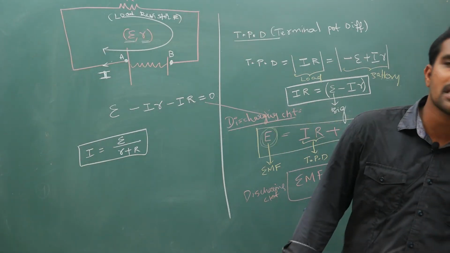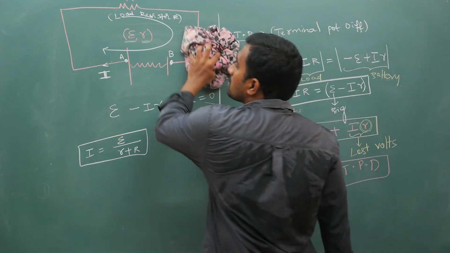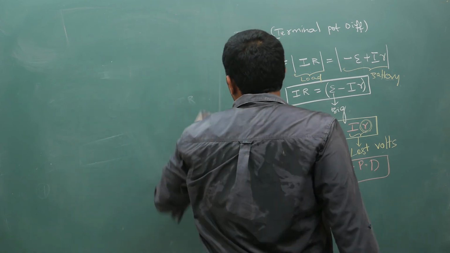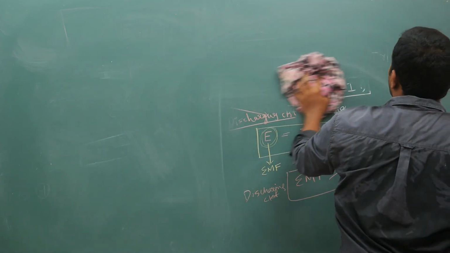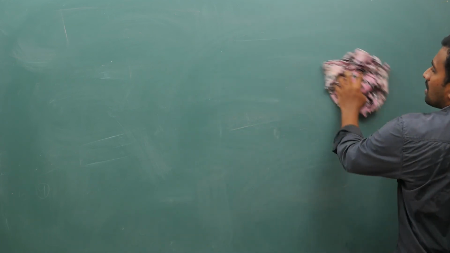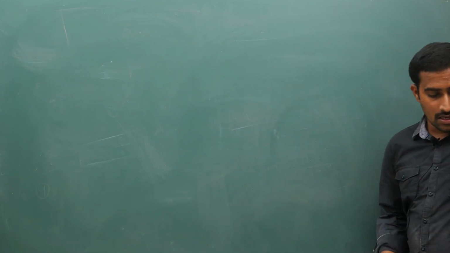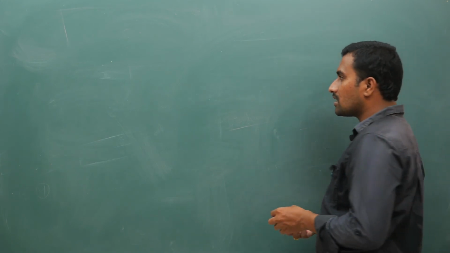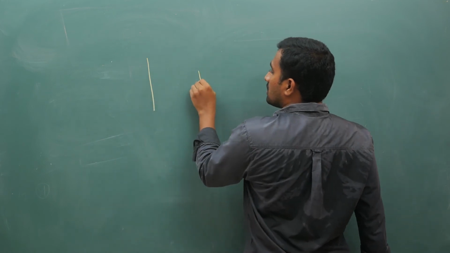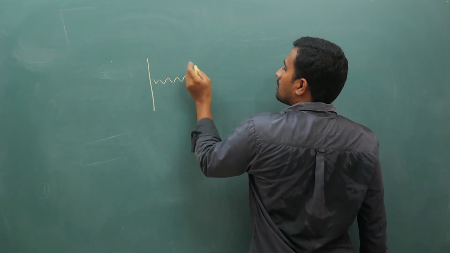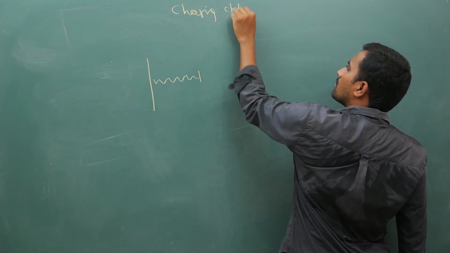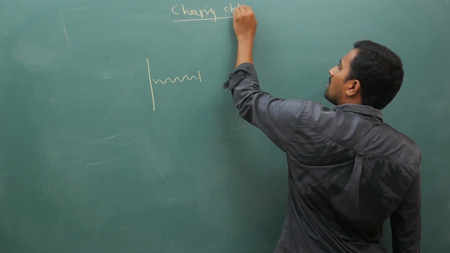A charging circuit is a circuit in which, at your battery terminals, instead of current coming out of the positive terminal, it will come out of the negative terminal. Let us say this is your charging circuit.